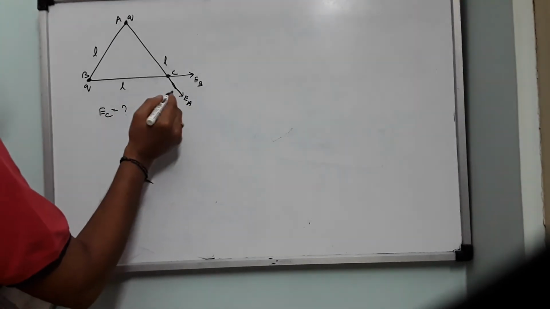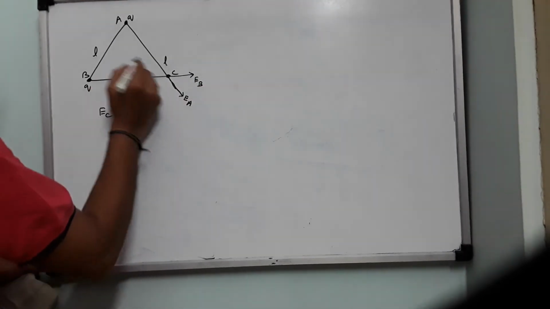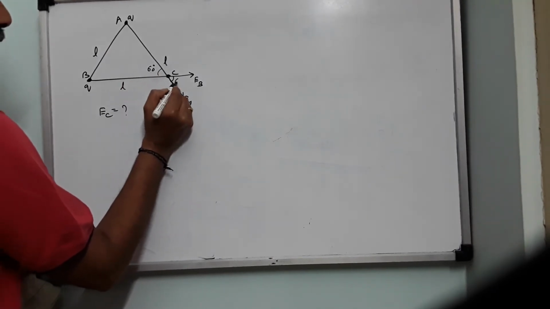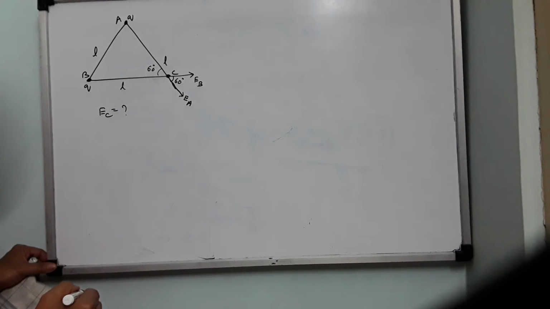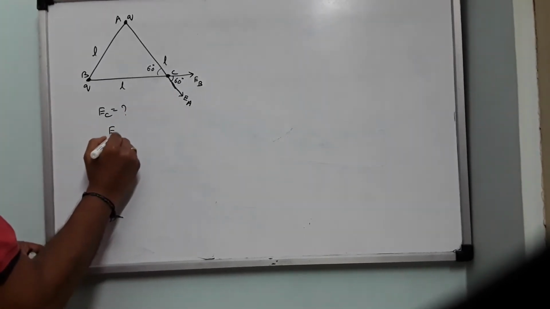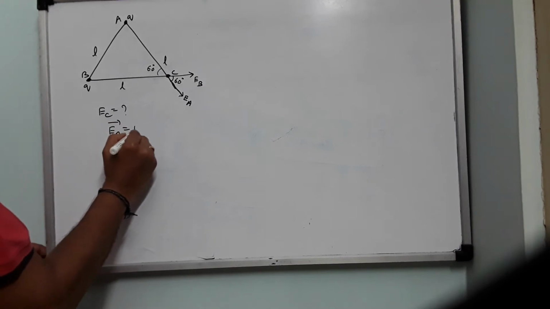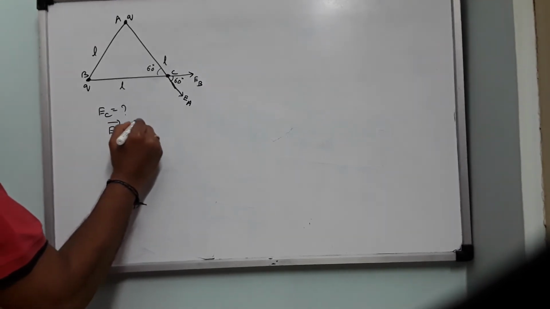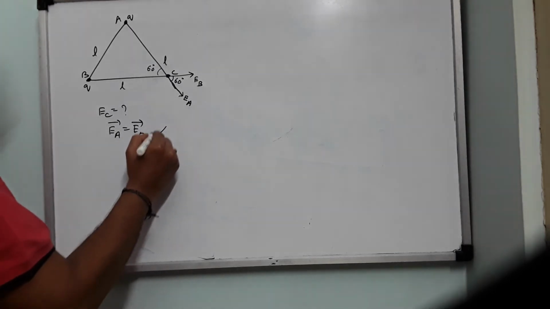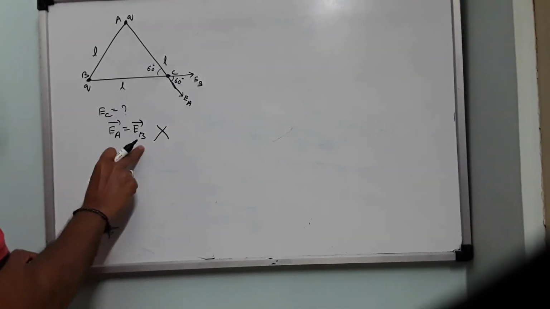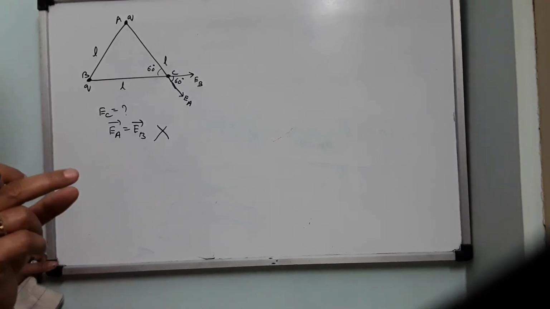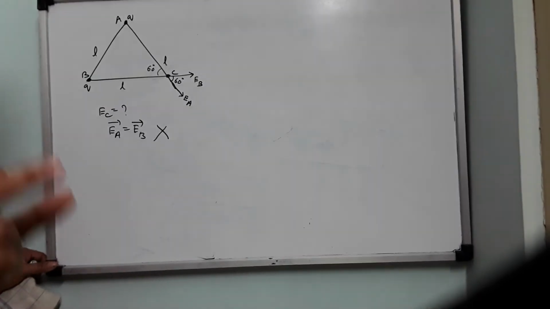Now these two electric fields are not acting in the same direction. As this is an equilateral triangle, this angle is 60 degrees and this also is 60 degrees. Now, can I write it like this, electric field at A equals electric field at B? No, this is going to be a wrong expression. You can write this expression only when both electric fields have equal magnitude and the same direction.